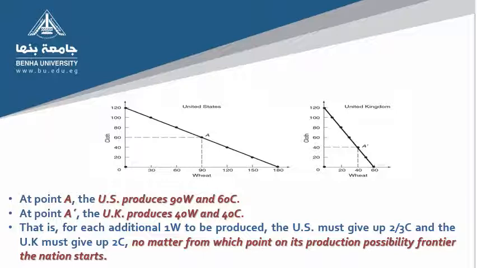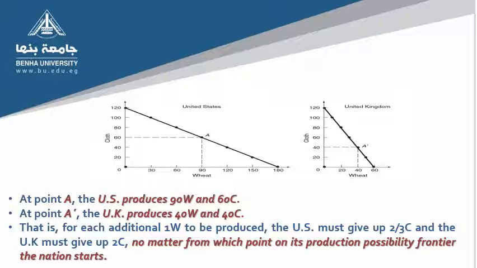Note that points inside or below the production possibility frontier are also possible, but are inefficient, in the sense that the nation has some idle resources or is not using the best technology available to it. On the other hand, points above the production frontier can't be achieved with the resources and technology available to the nation.